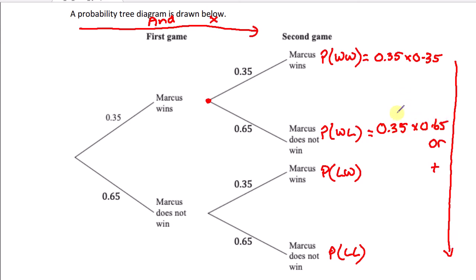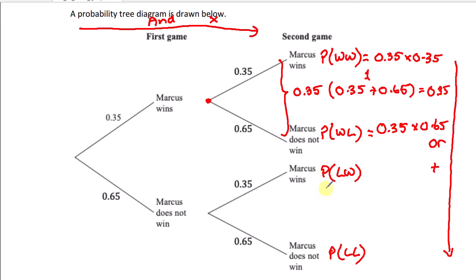If we're to add these two things together, we've got a common 0.35. 0.35 plus 0.65 gives me 1. Take it out, and we've got 0.35 plus 0.65. That's a 1. So the total probability of these two places is 0.35 again.